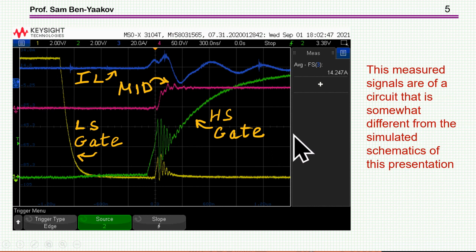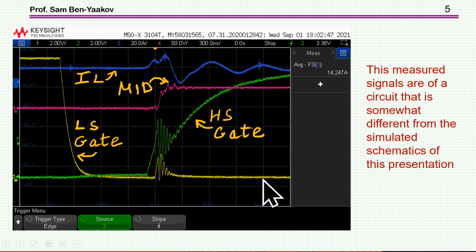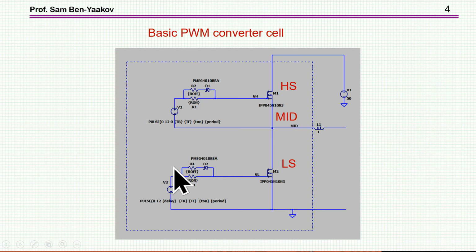Let me point out that the waveforms that are presented here that have been measured are not on exactly this circuit. The circuit is different, although it's similar, but it's not one-to-one. So we should treat these measured waveforms just as a reference, not an actual measurement of this circuit.